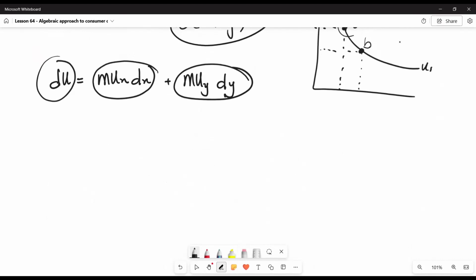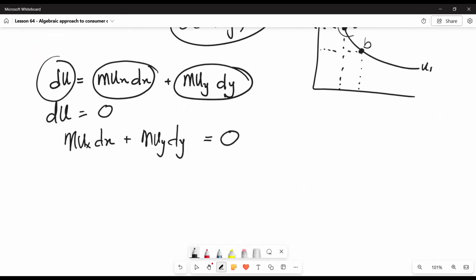So this is the same as writing the change in U being equal to 0. So we can rewrite our equation here as MUx dx plus MUy dy being equal to 0. So we have rearranged the consumption of good X and good Y along the indifference curve, but that has not changed the utility. So the change is 0.